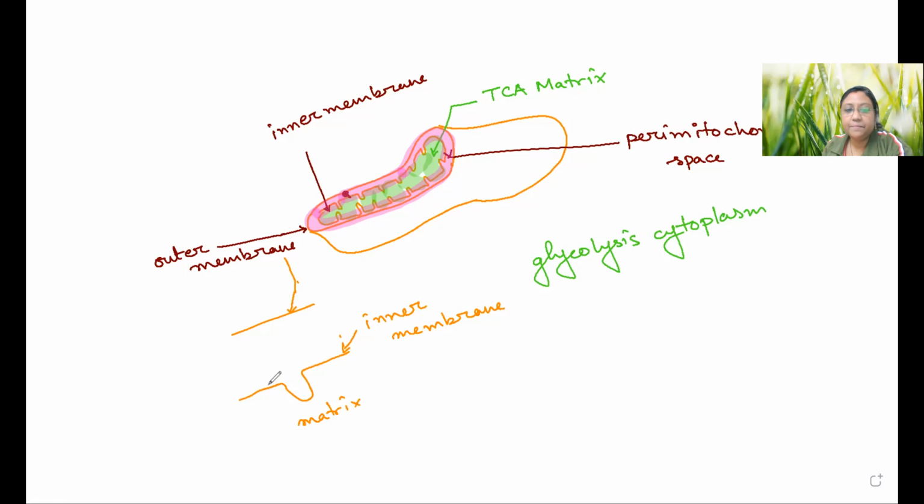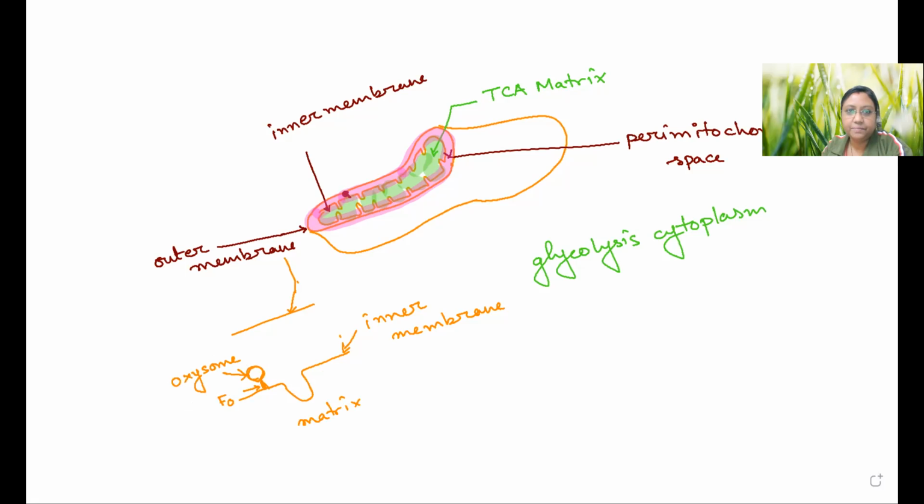And if you see, here there will be presence of tennis racket-like structures which are known as oxysome. These oxysomes are known as F0, F1 subunit. This stalk-like structure is known as F0 subunit.